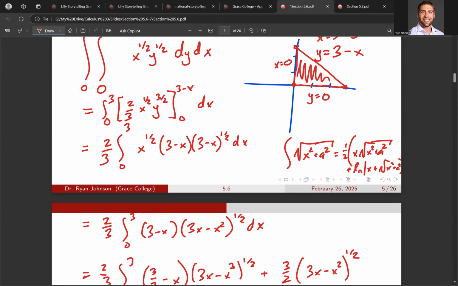I almost had it. You were right, it has an a squared on the outside of the natural log: a squared natural log of u plus the square root of a squared plus u squared.